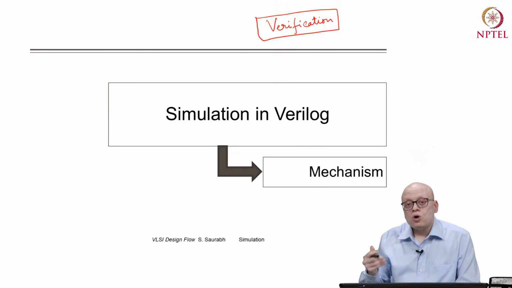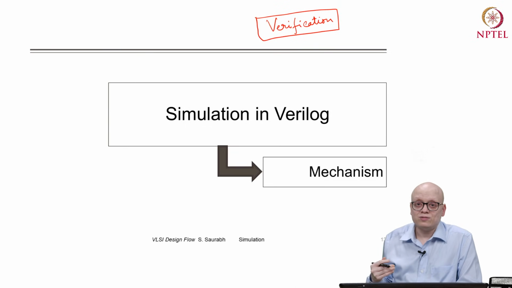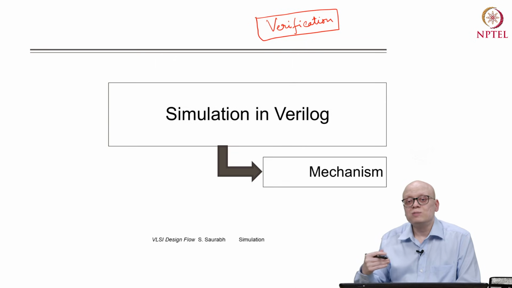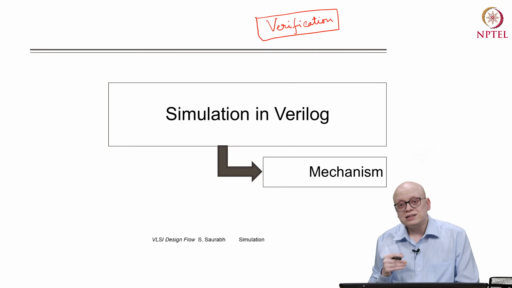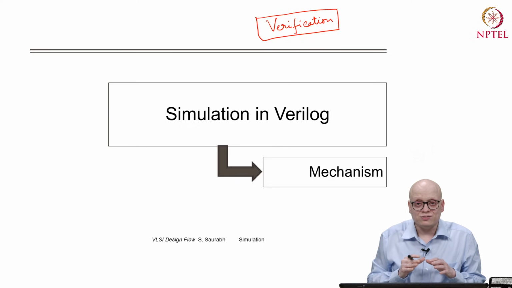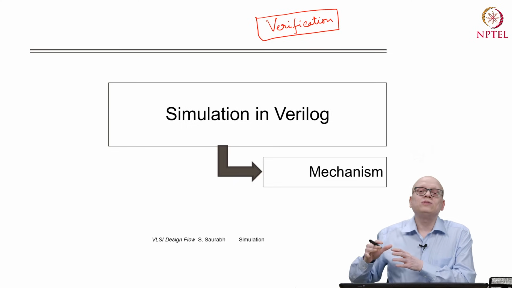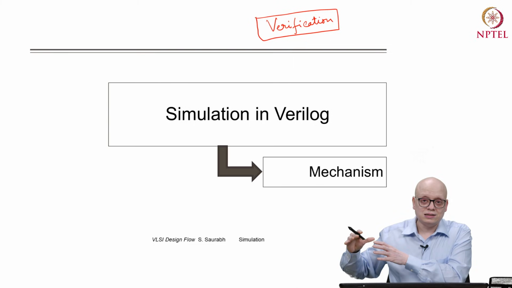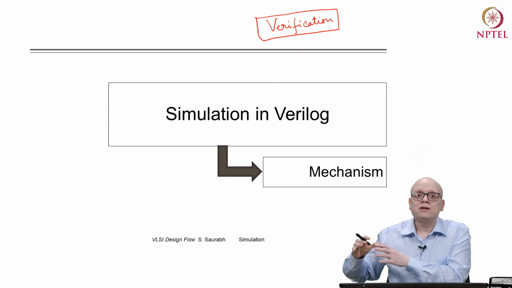So all other uses of Verilog, for example synthesis and others, follow the syntax or semantics which is followed by simulation. So if we understand the simulation of Verilog thoroughly, then it will help us understand the Verilog language and its application for synthesis and other purposes very well.